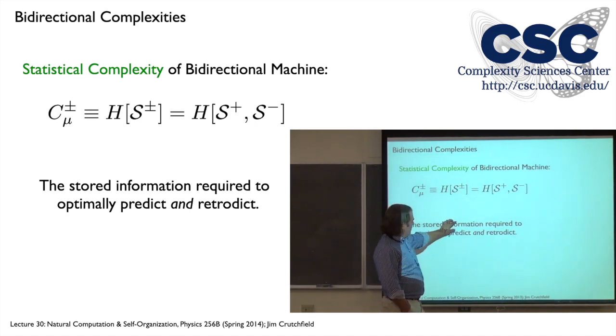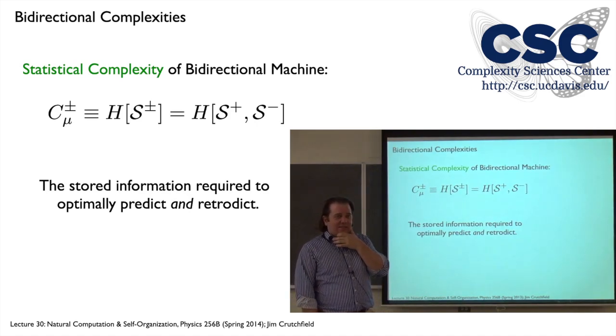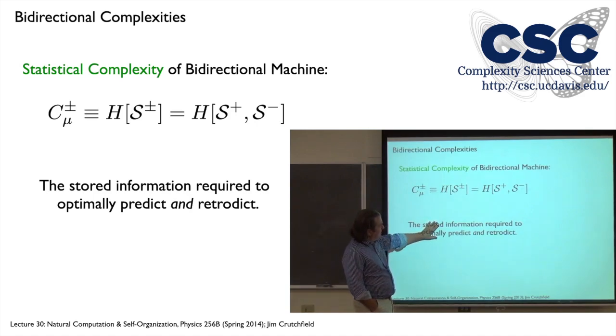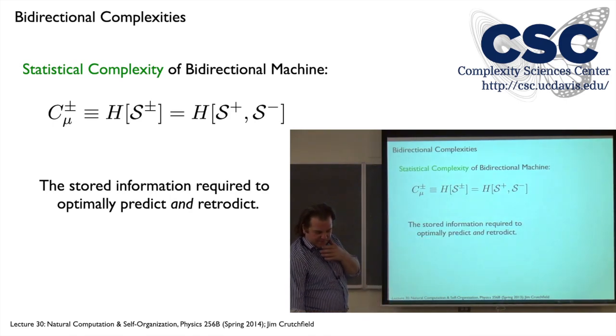Somehow this should be related to the information you need to store to optimally predict and retrodict. I'd say that is true in some example cases, but not in general, so we still have to think about this, which, as I was just saying, depends on coming up with a minimal presentation.